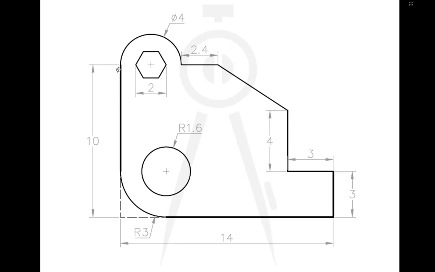I'm going to start with this part here. This one seems to be easier for me, so I'll start with this part and then I'll go to this one. Starting with 10 going down, then going this side 14, going up 3, this side 3, then going up 4. So you can draw that.